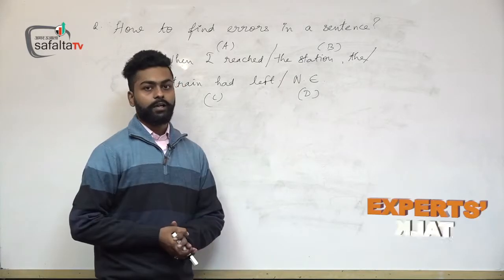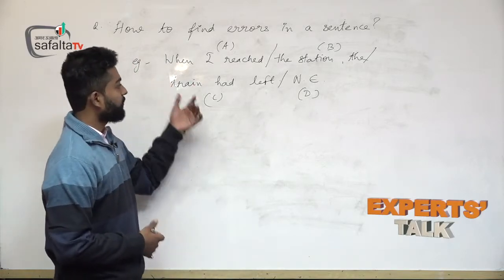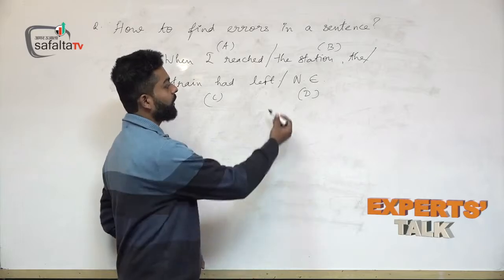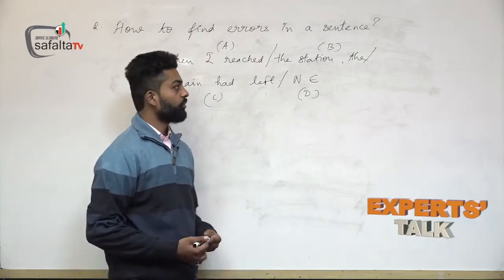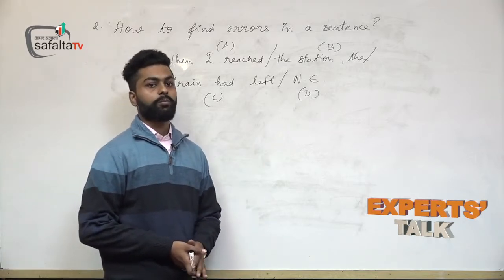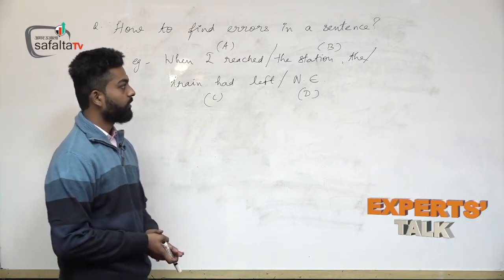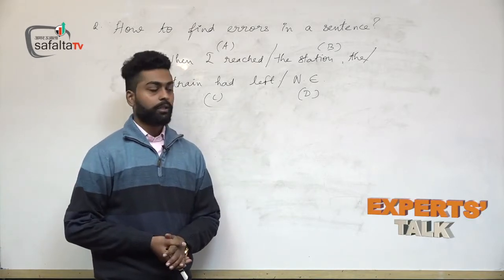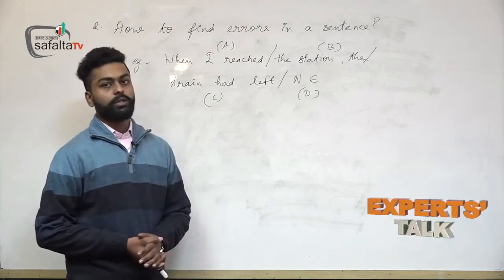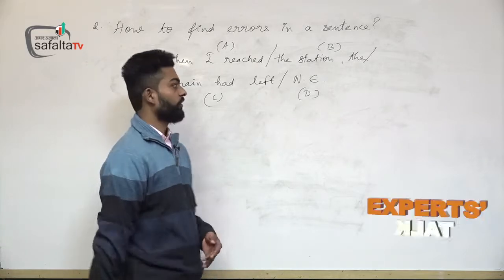Whenever you are finding any error, you should keep in mind that there might be an error, or the sentence may contain no error. So it depends on the sentence and the rule you know about the sentence. Whenever you are finding errors, please clear your basic concepts, the vocab portion, the parts of speech or voices.